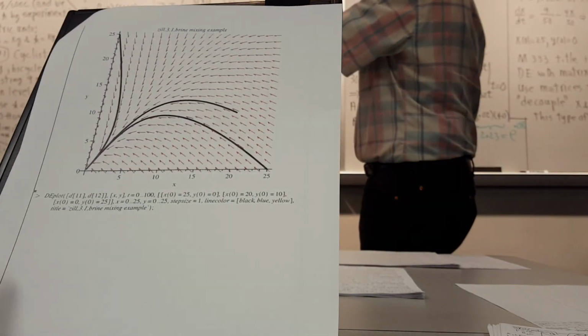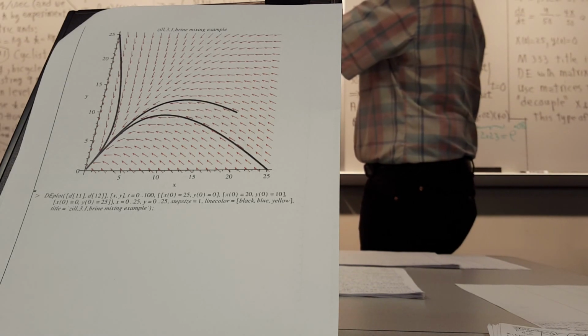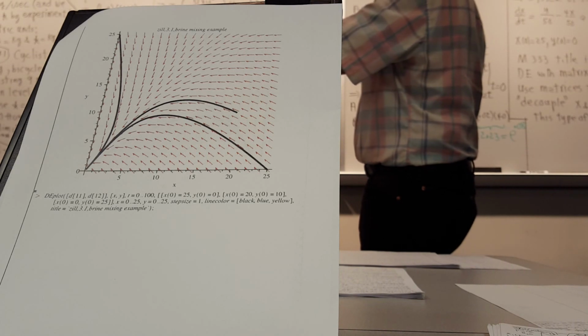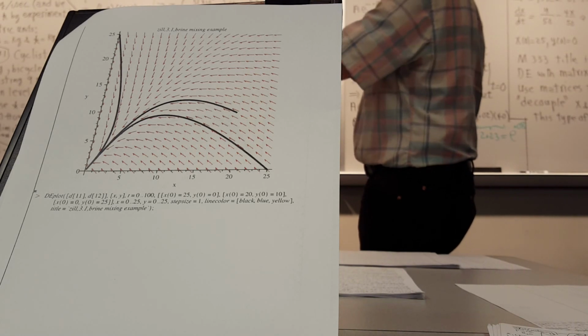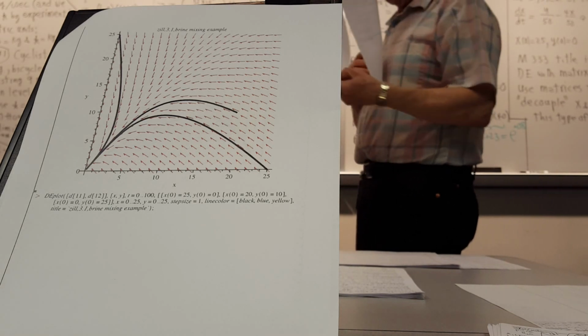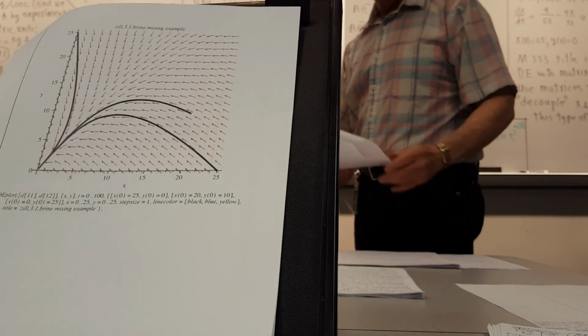So the black goes with the problem like we did it, 25 pounds in tank A and 0 in tank B. The blue goes with 20 pounds in tank A and 10 in tank B. And the yellow goes with 0 in tank A and 25 in tank B. So you can tell on the back which of the graphs goes with which set of assumptions, which is handy, certainly.